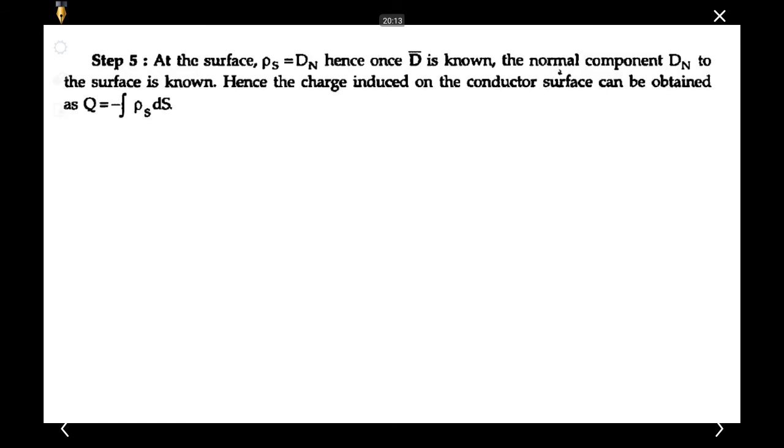So what is the next step? We have to find the value of Q. To find the value of Q, we will take the D equation.